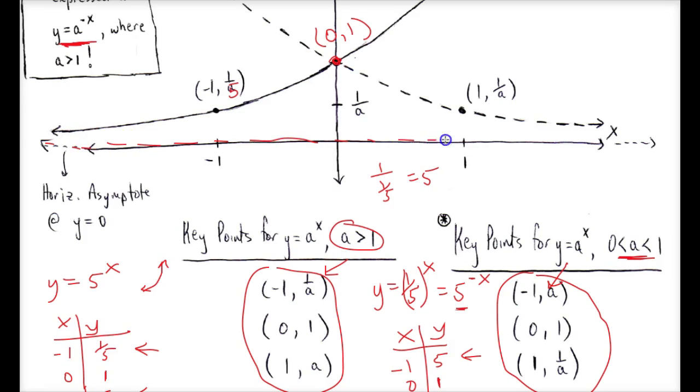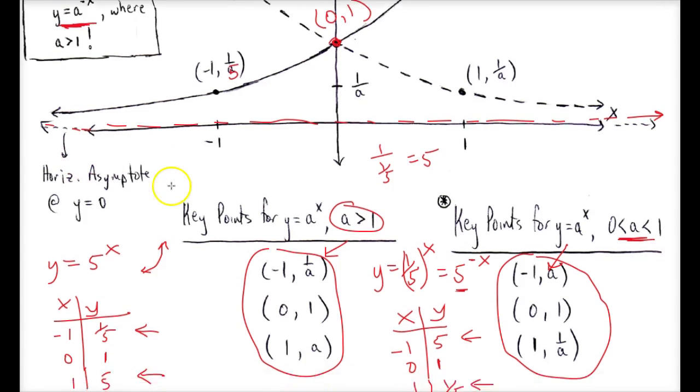And so what this horizontal asymptote is doing in this case is communicating to you that the graph of an exponential function in its basic form, like how we have it, whether it is exponentially increasing or exponentially decreasing, will not go below the x-axis. Okay, and so that means in the case of when the function is exponentially decreasing, that we can exponentially decrease as much as we want.